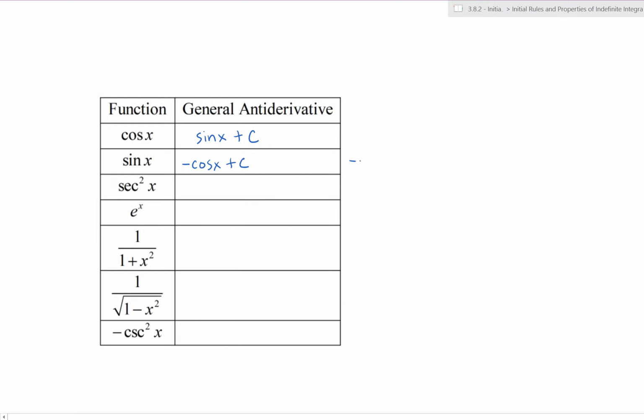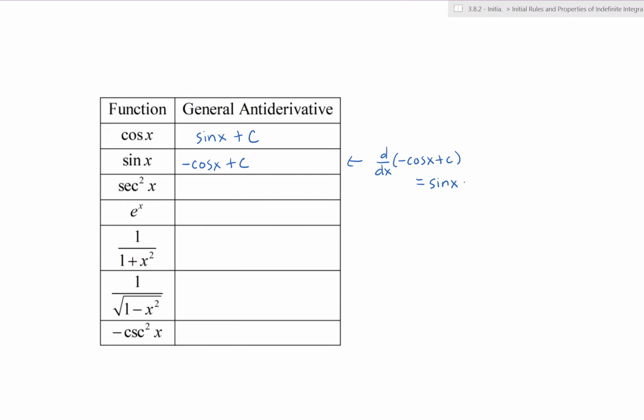And that is because the derivative with respect to x of negative cosine of x plus a constant is going to give us a negative sign, so that would be giving us a positive sine of x. So, got to remember that the general antiderivative of the sine function is the negative cosine of x function plus a constant.